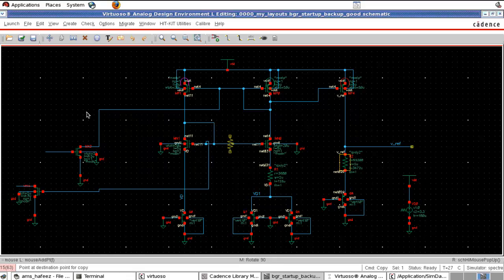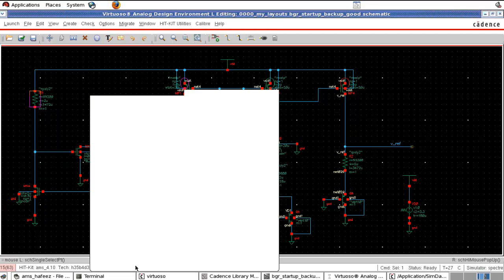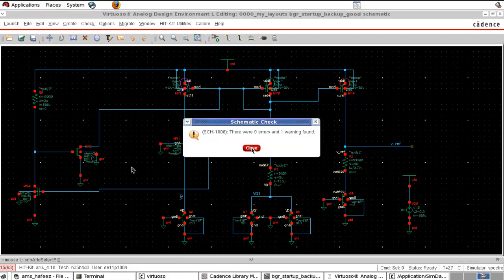I'm just copying this resistor here. So this resistance value is too huge. We don't need this much huge resistance here. So let us try with 10 kilo ohm of resistor, and let us check whether it will work properly or not.